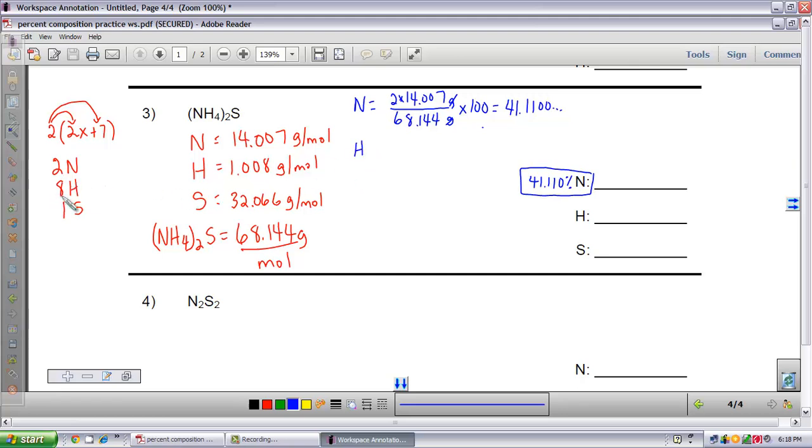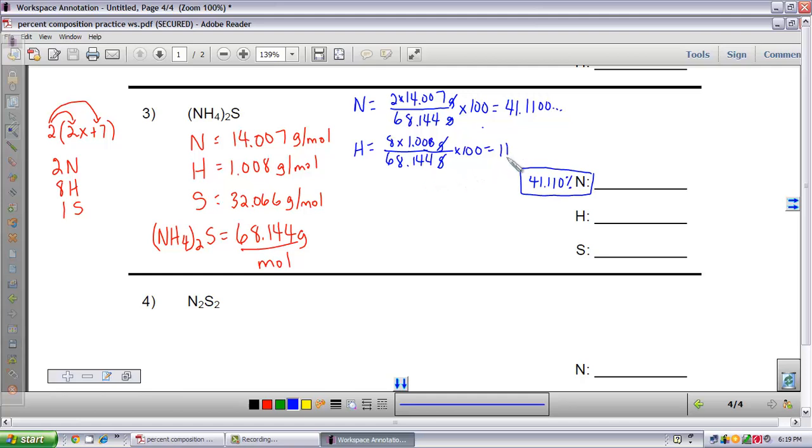Now hydrogen's a little trickier. There's 8 of those. So you're actually going to do 8 of 1.008 over 68.144, and there's grams and grams, times 100. Let's see what we get. So 8 times 1.008 divided by 68.144 times 100.